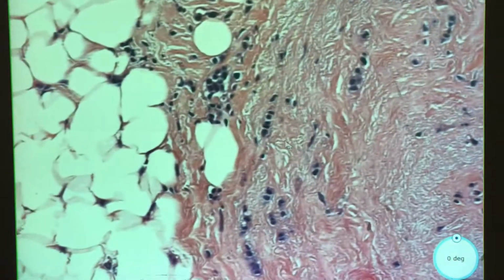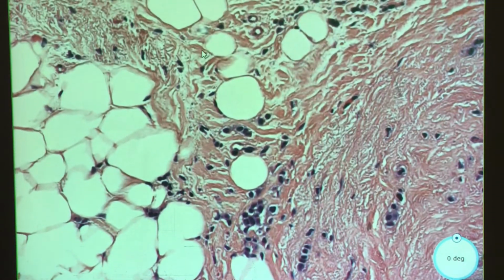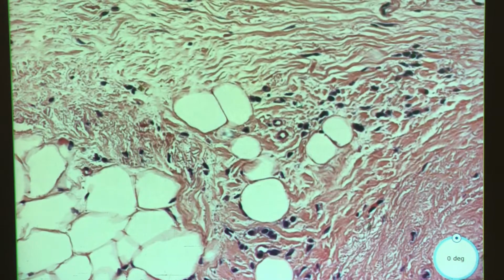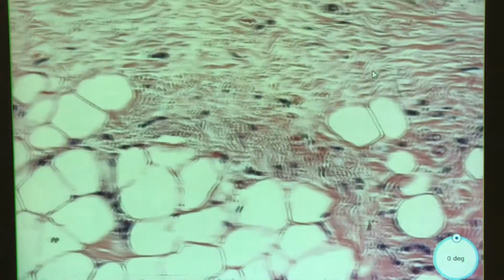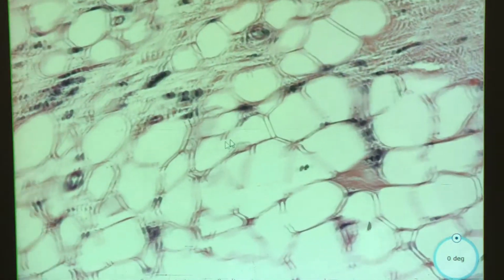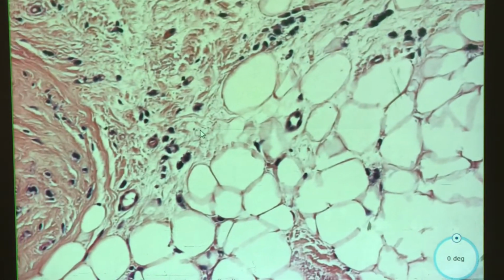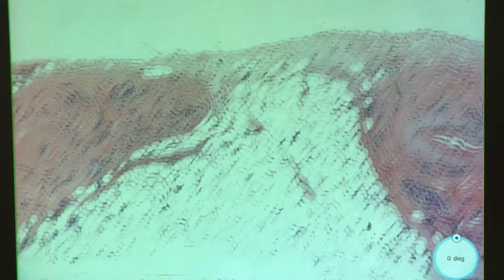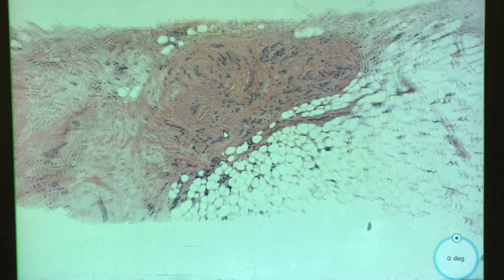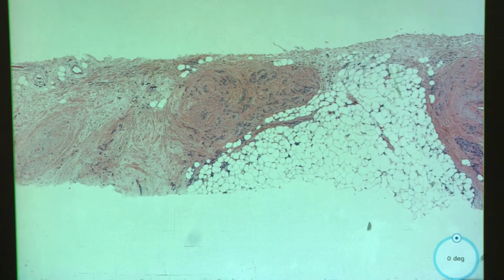I wouldn't argue with you if you wanted to go 2 on this. And then there's like no mitotic figures. So it gets a 1 for mitoses. So I put this as a grade 1 invasive lobular carcinoma. But if someone really wanted to say grade 2, again, I wouldn't necessarily argue with them.